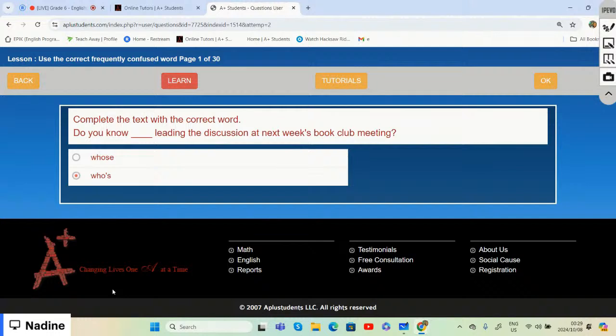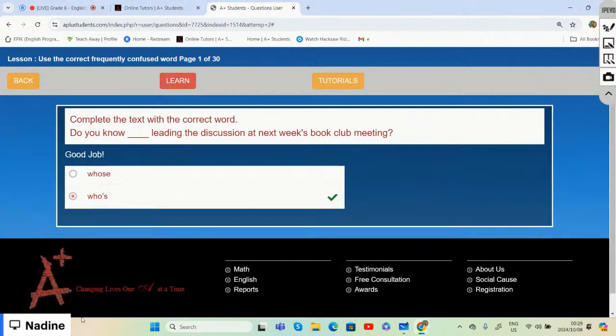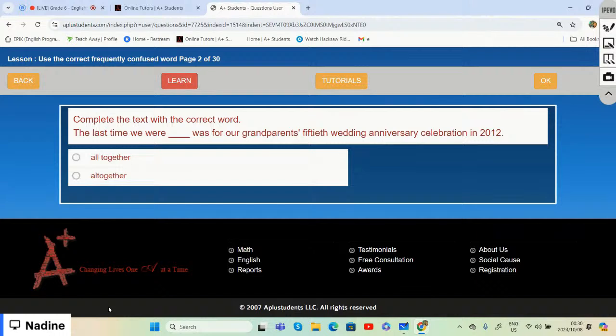Which one is correct? Option one or option two? All right, so that one is correct. So whose, and remember we use the word who's with an apostrophe s because that means who is, for example.